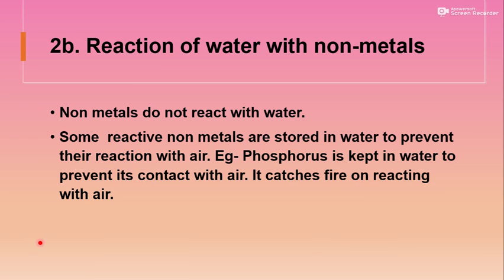It indicates that the solution is basic in nature. So we can conclude: metals react with oxygen to form metallic oxides, which are basic in nature. Basic in nature means they can turn red litmus to blue.